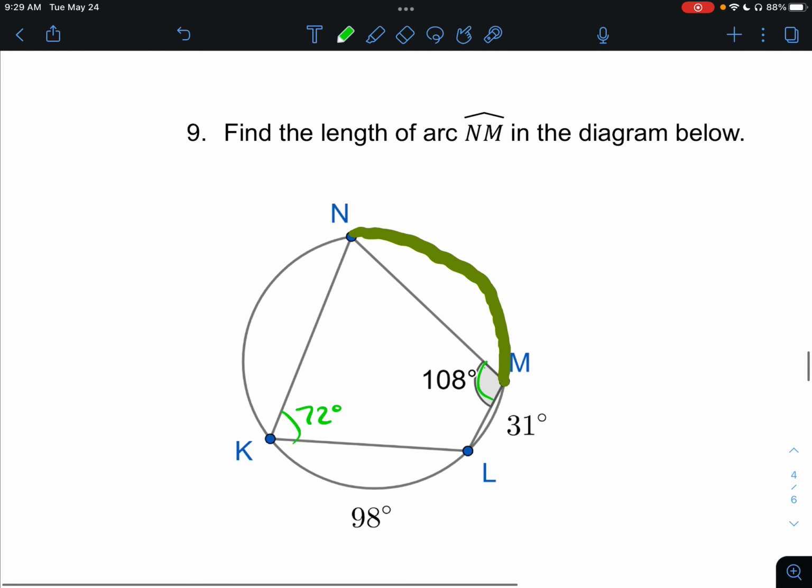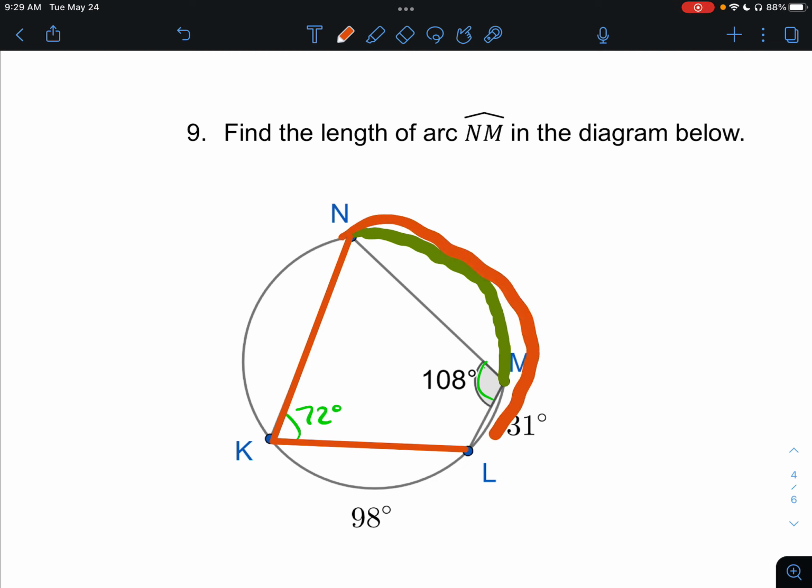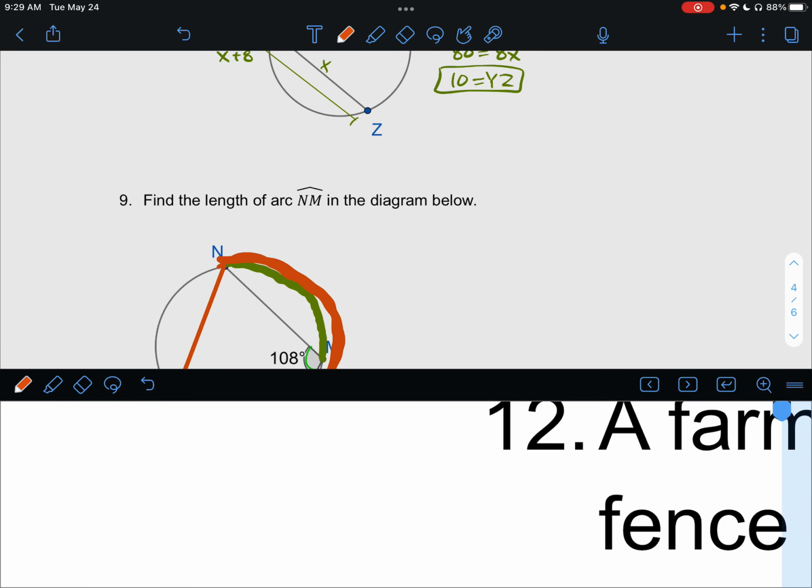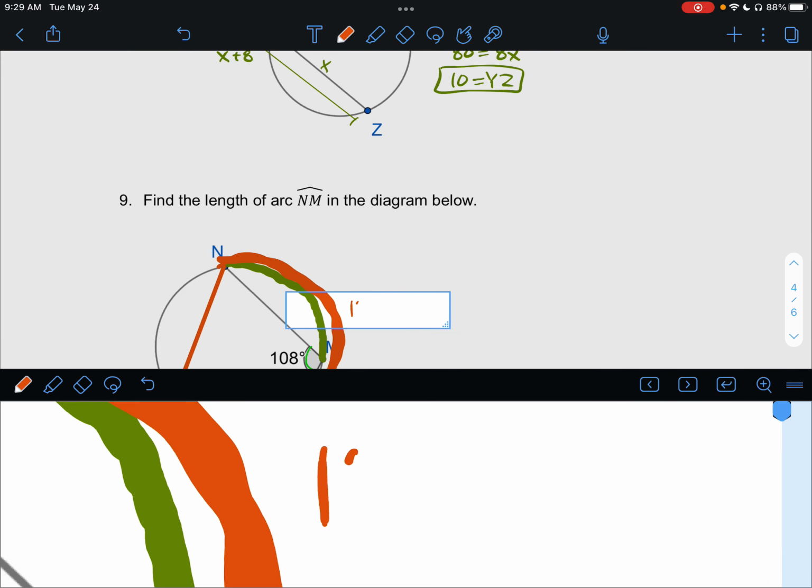And we know that the arc has to be twice the angle. So the arc formed by this angle has to be 2 times 72, which is 144. So this whole orange arc is 144 degrees.